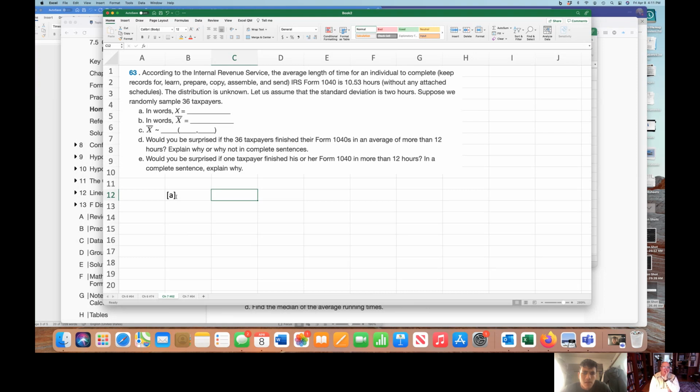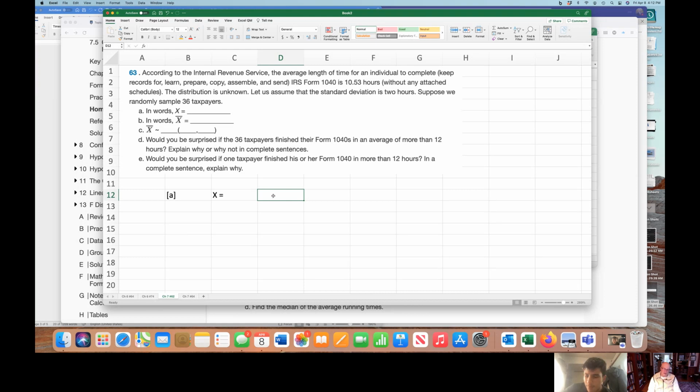Let us assume that the standard deviation is 2 hours. So what is X equal to? Do we have to do that same process from earlier? See right here, the average length of time an individual takes to complete IRS Form 1040.